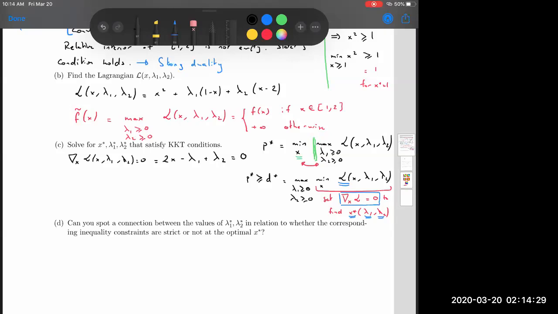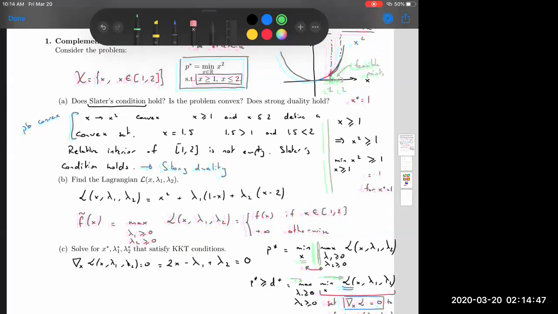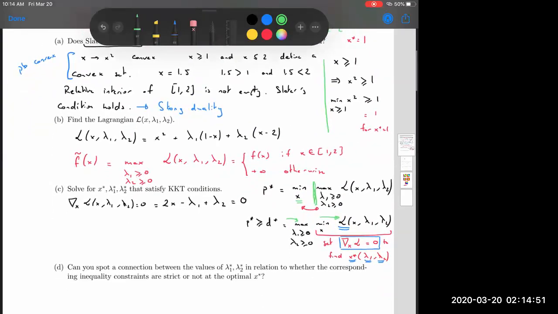And then what you know is, you want this thing here to be equal to x star squared at the optimum. And you know that this is strictly greater than 0, and this is strictly greater than 0 for feasible points.